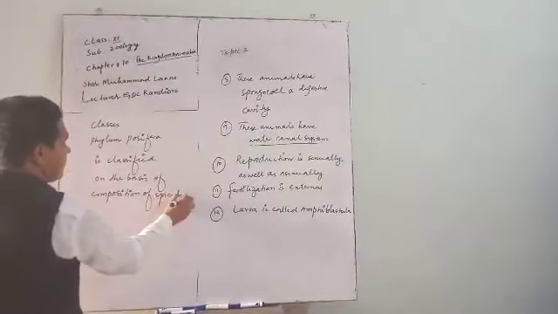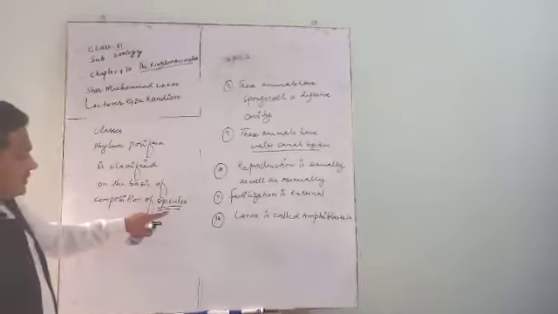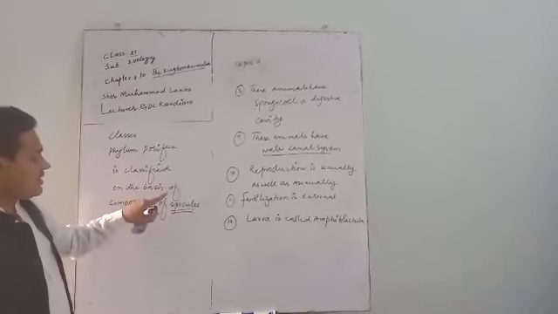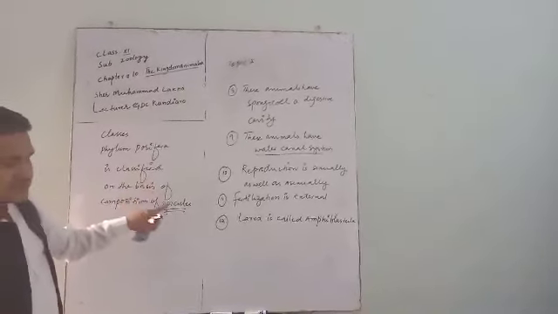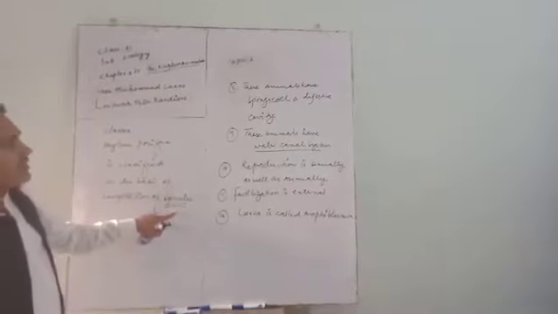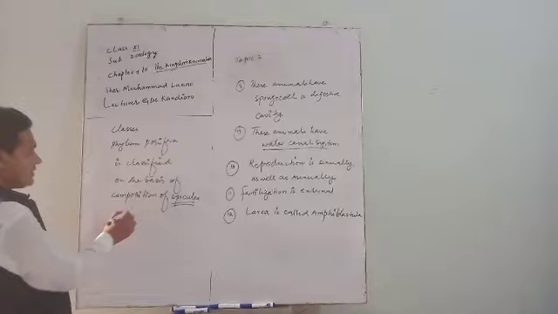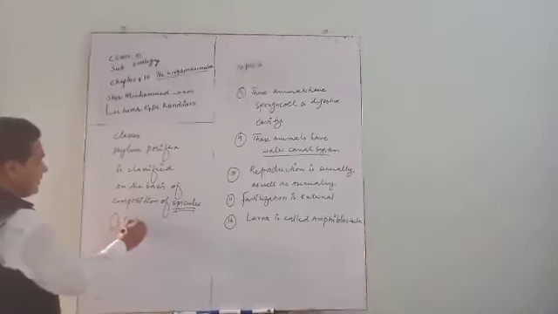Now, I have told you that spicules are hard structures. They give support to the animals. Spicules are the endoskeleton of phylum Porifera. So there are 3 classes of phylum Porifera. Number 1, Calcarea.